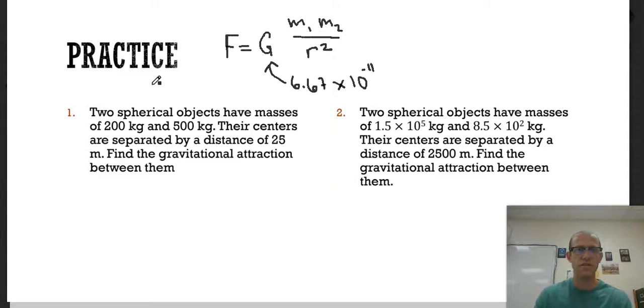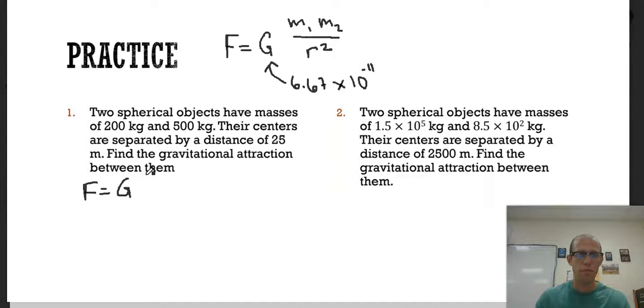All right, some practice. Two spherical objects have masses of 200 kilograms and 500 kilograms. Their centers are separated by a distance of 25 meters. Find the gravitational attraction between them. So I'm just going to take my formula and plug in what I need. So F equals G. I'm not going to write out that number, but that's what G is equal to.